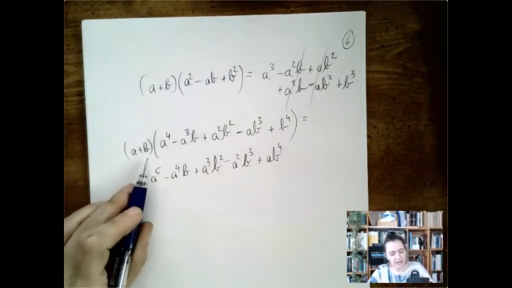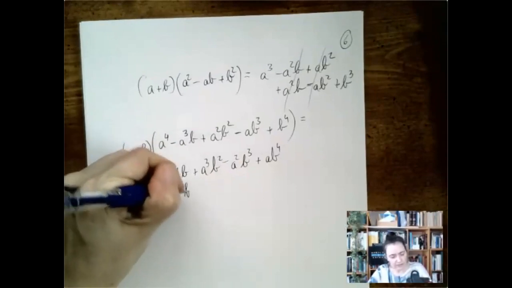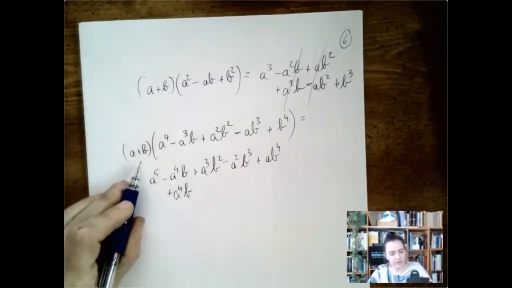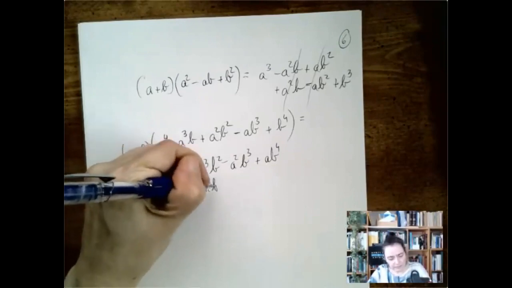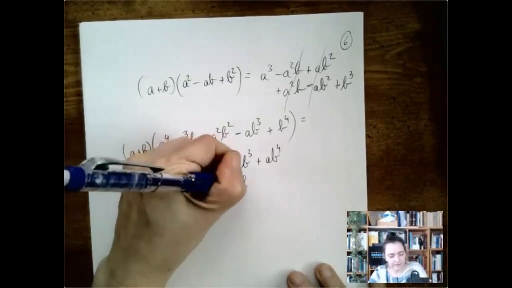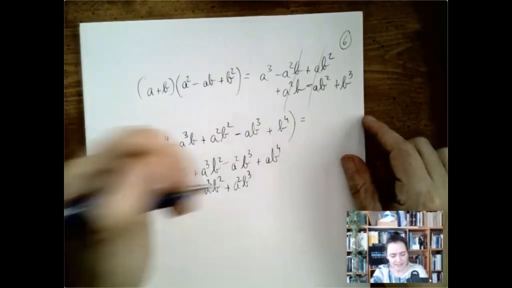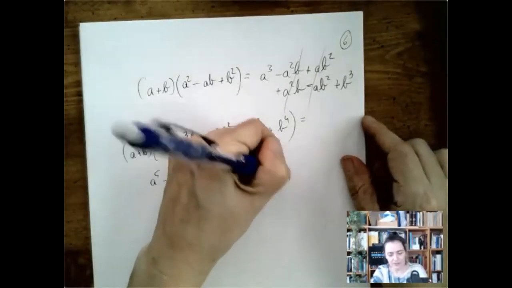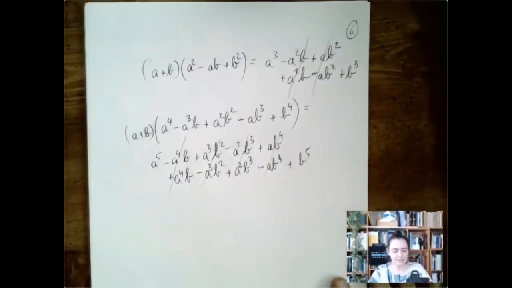So I'm going to start here. There is a plus a to the 4th b right there, cancellation, minus a cubed b squared plus a squared b cubed. It's almost like magical, but it just works. Minus a b to the 4th plus b to the 5th power. And then these things all cancel. These are called special products because they're so special. Okay.